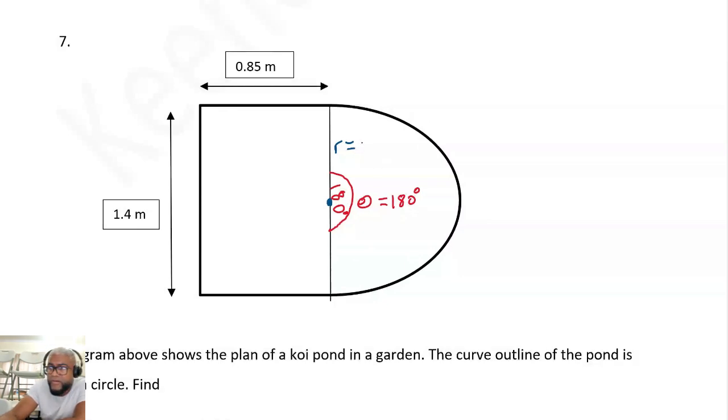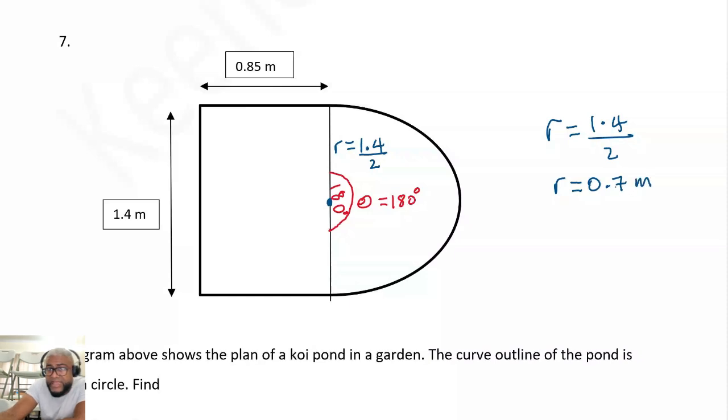The radius is 0.7. Right, 0.7 is 1.4 divided by 2. Radius is 1.4 divided by 2, and Jonathan already said it's 0.7, right?